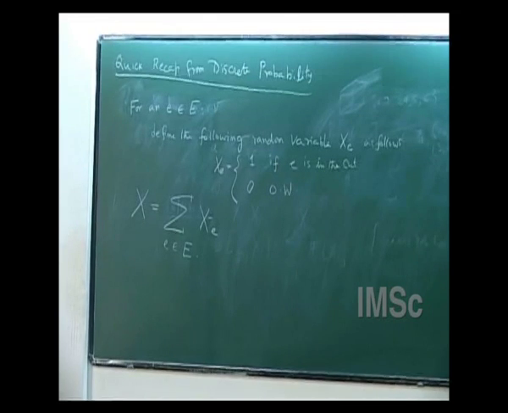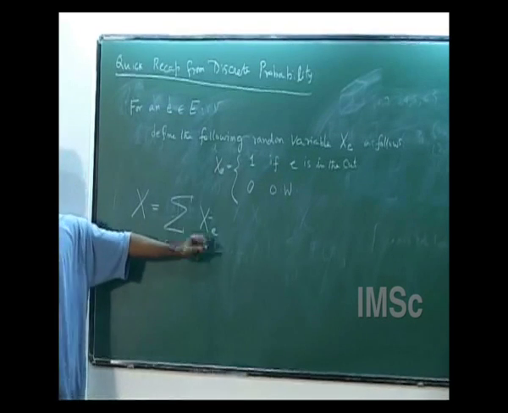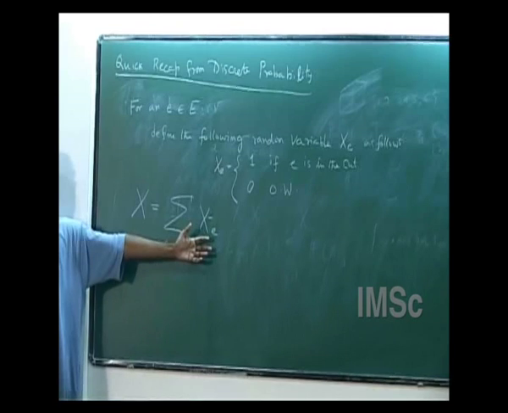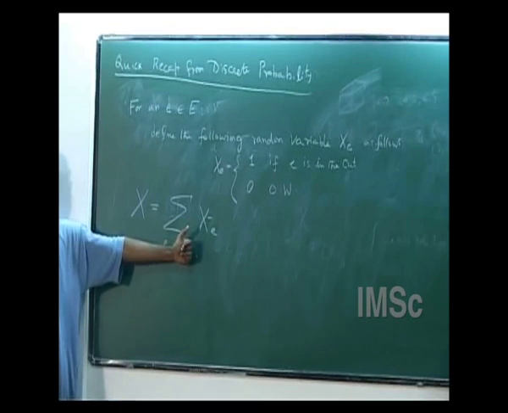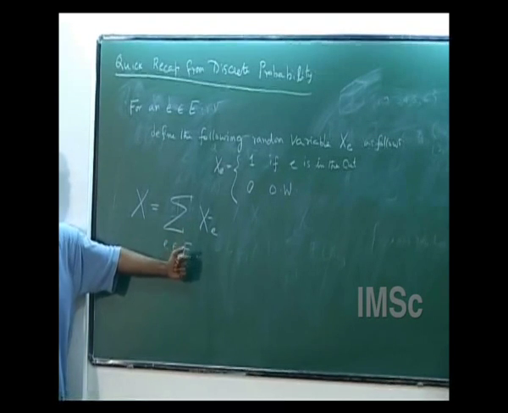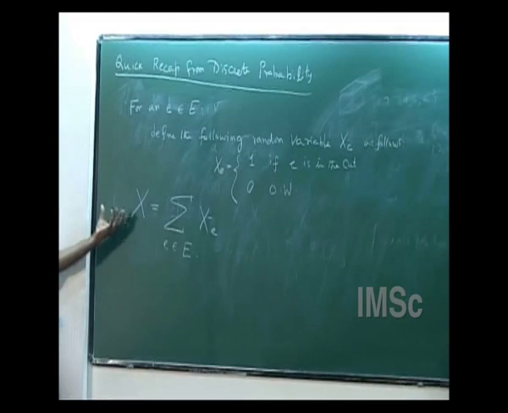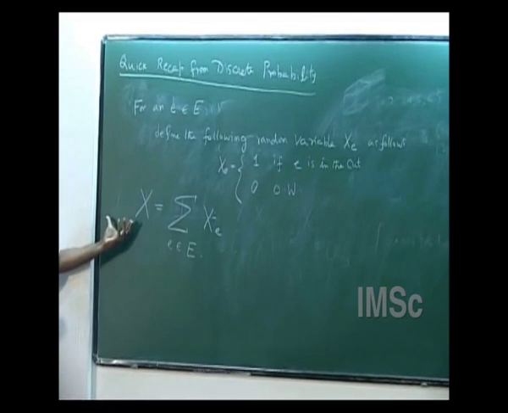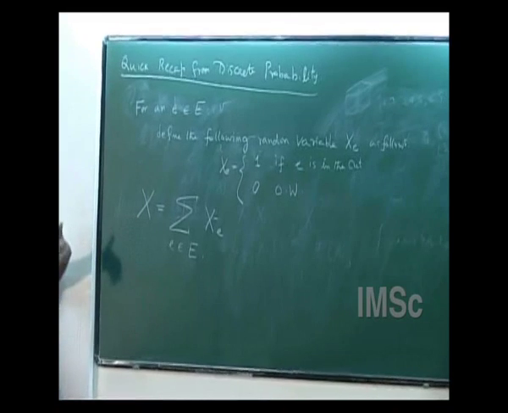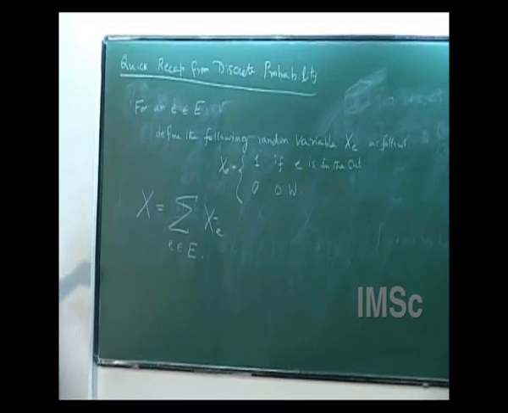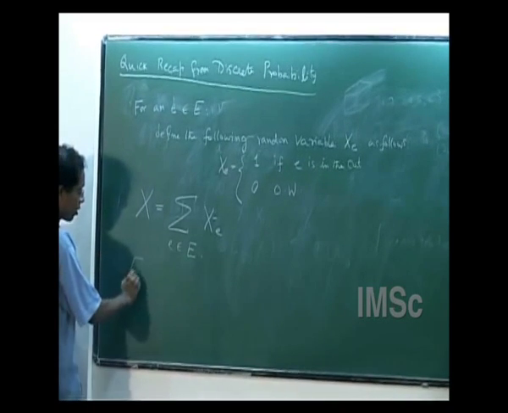Now clearly the value of X determines the size of the cut, isn't it? Xe gets 1 when it is in the cut, and then you count 1 in the summation. If it is 0, you don't count. Right? Now what is the expected value of X? The expectation is over this random experiment, where you are tossing coins.